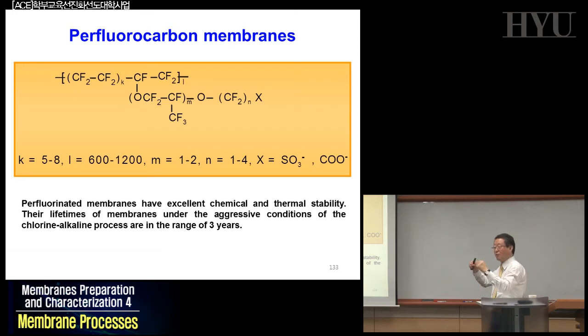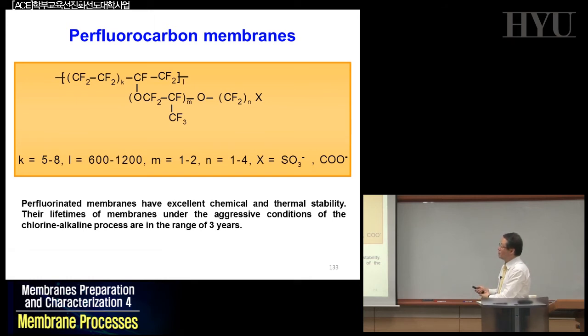So you have very stable CF2 units, and at the end of your chain, you have a side chain composed of a sulfonic acid group in this case, and you can control the length of these side chains. Typically, although there are some numbers, you have a certain degree of chain length in this case.